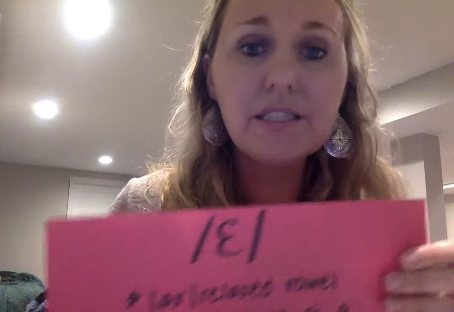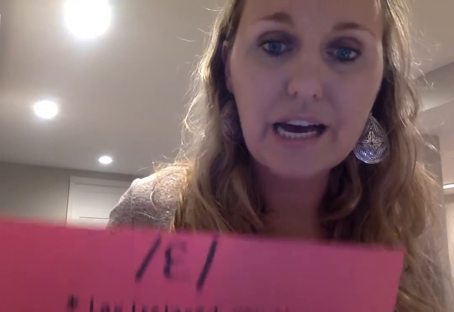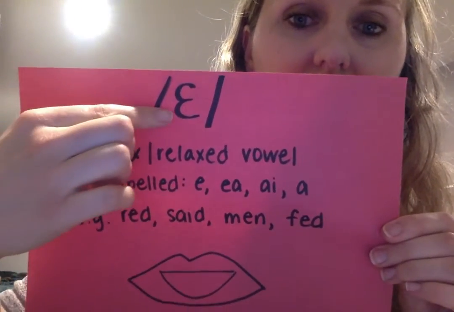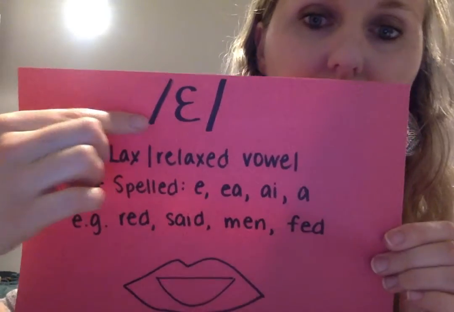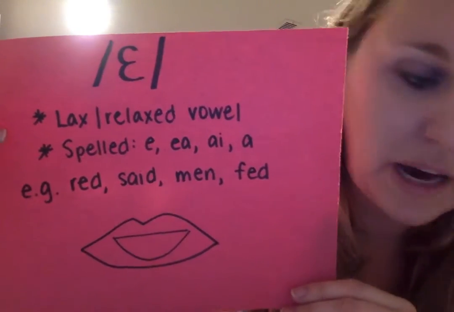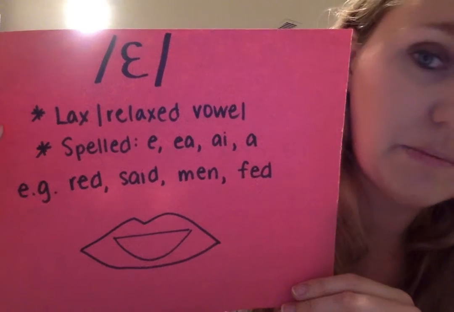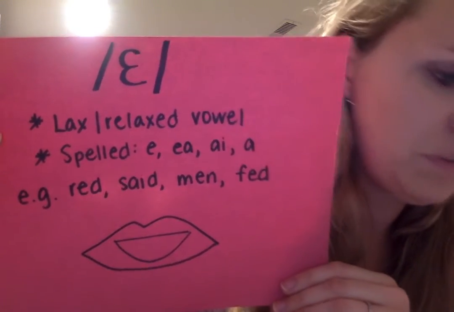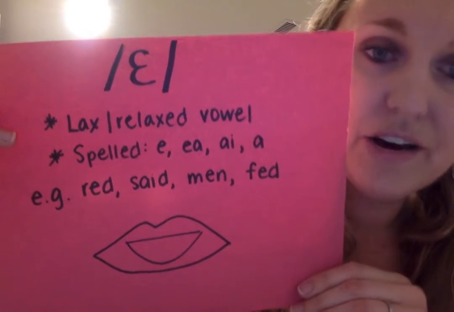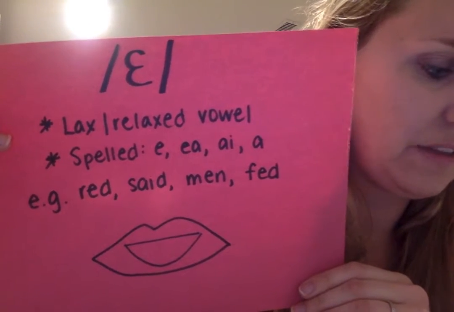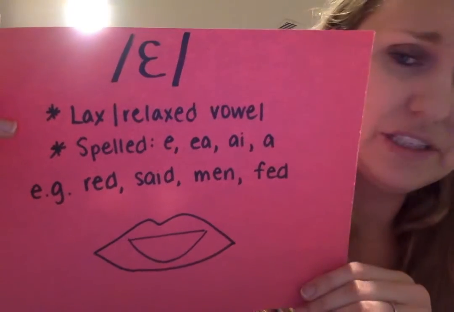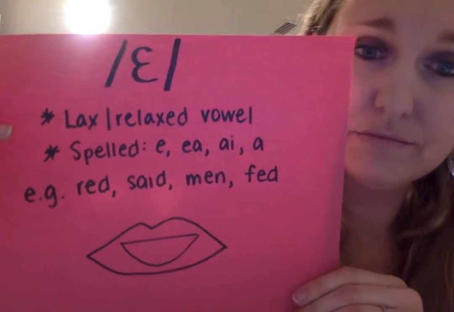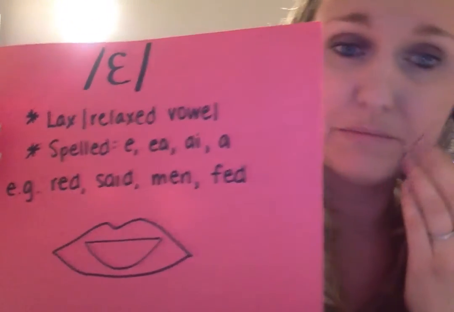All right, we'll move along. Our next sound, in terms of an IPA symbol, looks like a backwards 3, or a funny E, actually. This would be the color red on the vowel color chart. So this is a relaxed sound. The muscles in your face are not doing a lot.